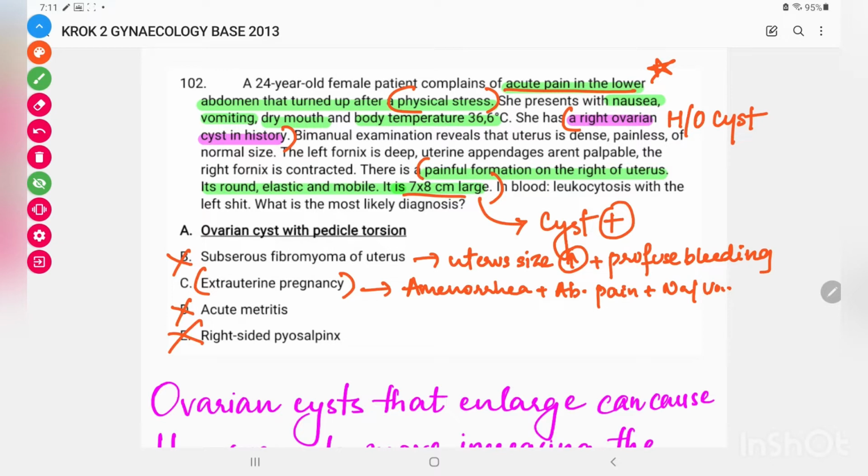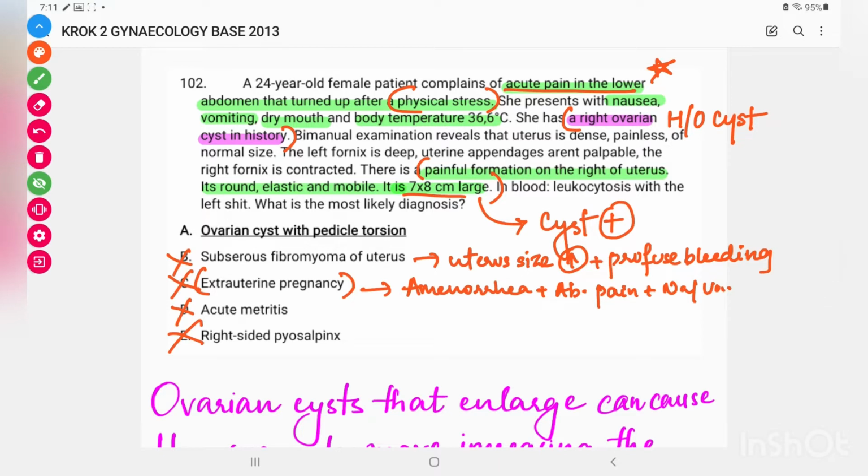But see, extrauterine pregnancy is not something that immediately happens after a physical stress. And the second point is, nowhere in the question it is mentioned that the female was pregnant or she was having amenorrhea. So no such details were given. This is why this option doesn't match with the question presentation.